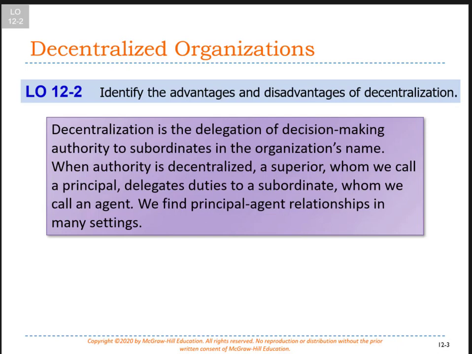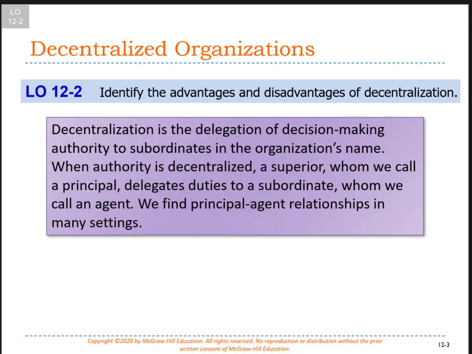Now, what we run into is we need to delegate. There's no way that any one manager can make all the decisions and be everywhere and handle all of the problems. So when we delegate, there's that possibility that that individual will make decisions outside of the organizational goals.